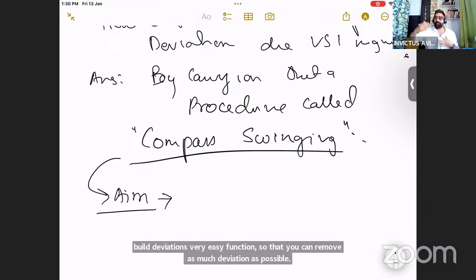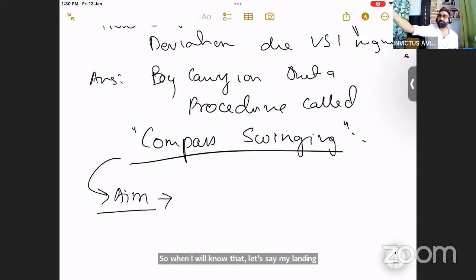So when I will know that, let's say my landing compass is showing me exact 045 and my aircraft compass is showing me 040, even when I've changed my heading to 045, then I know deviation is 5 degrees. Then using the adjustment of the screw, I can reduce it by maybe 4 or 3 or 2. At one point, I'll not be able to reduce it. So what you see in the compass correction cards is actually residual deviation.